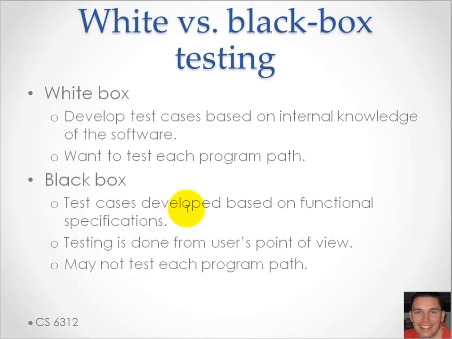So you're going to write the test cases strictly based on the specifications. So this is going to be done more from the user's point of view. And when you're writing black box tests, they may not test each program path. Now, when we are writing code, we want to write white box tests so that we're going to test each individual program path that we have within our method.